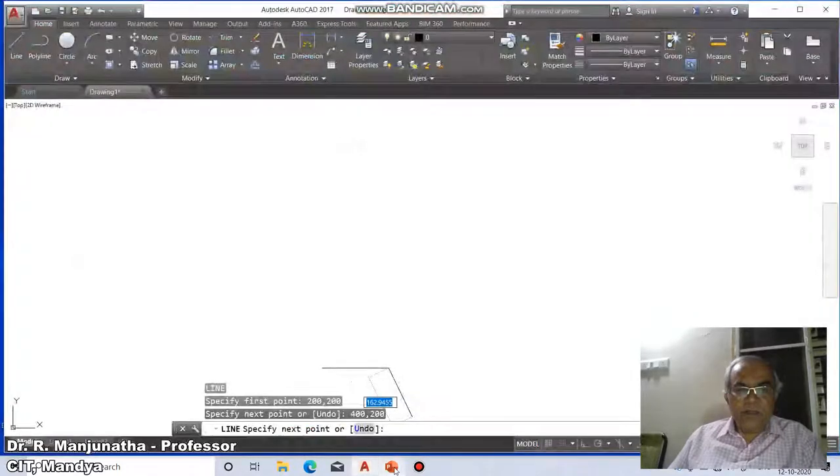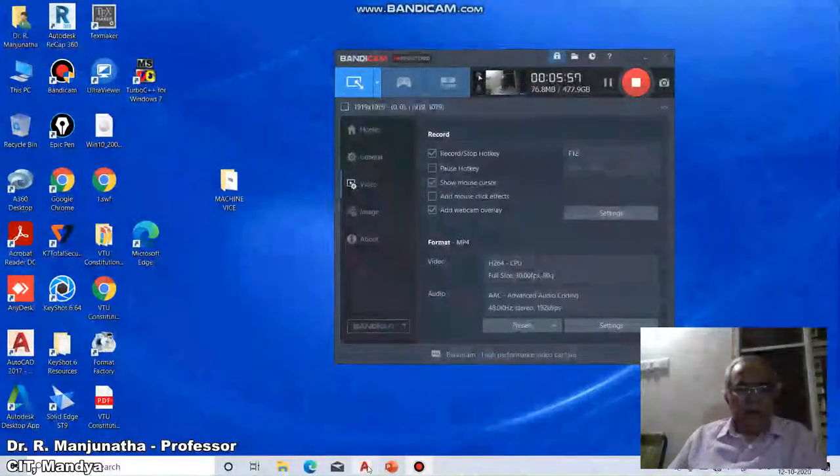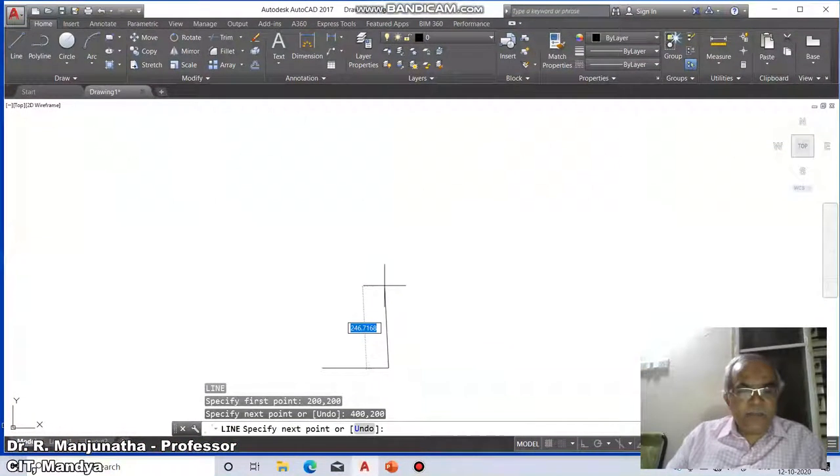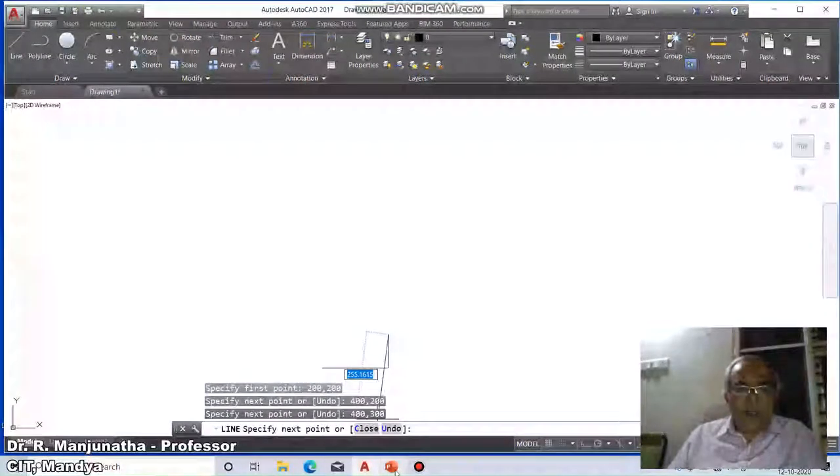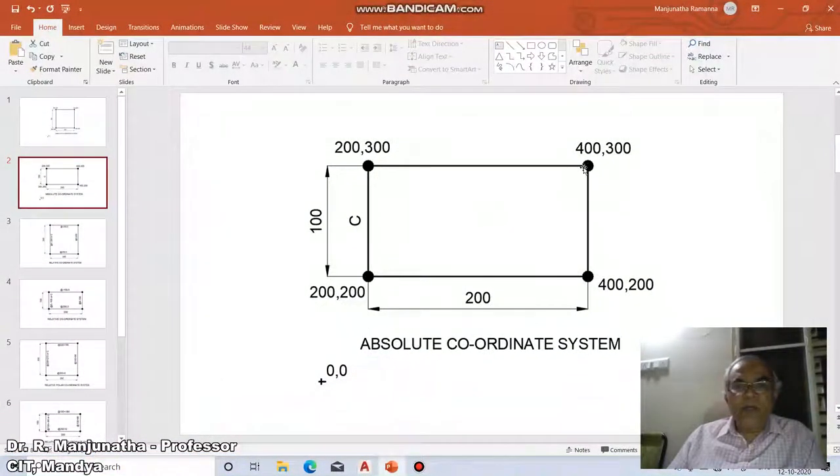So here you take 400, 300. Then from here you are moving in the direction opposite to the UCS x-axis. The position of this point is 400 minus 200, which becomes 200, 300.